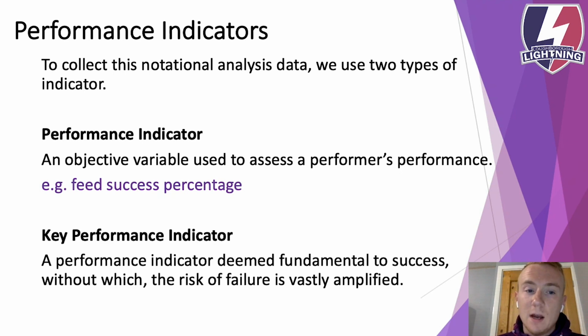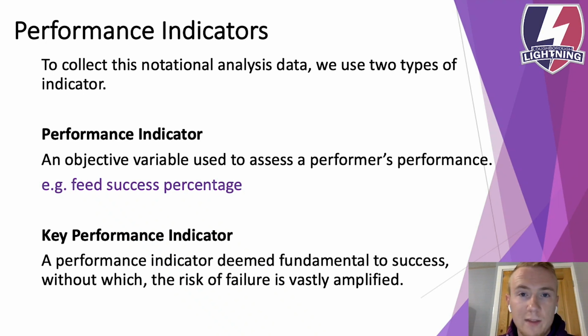So what happens here is we bring in something called key performance indicators. So a very subtle distinction, but a very, very important one. A key performance indicator is something that is deemed fundamental to success. If you can't perform this indicator successfully, the risk of you failing in your position or your team is vastly amplified.